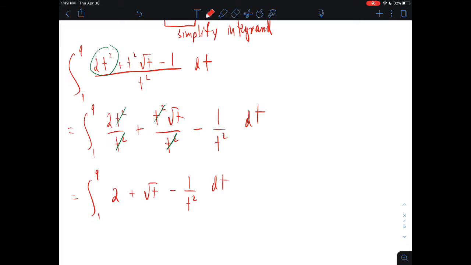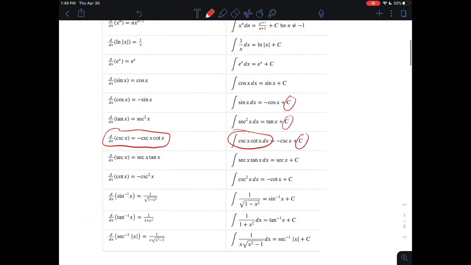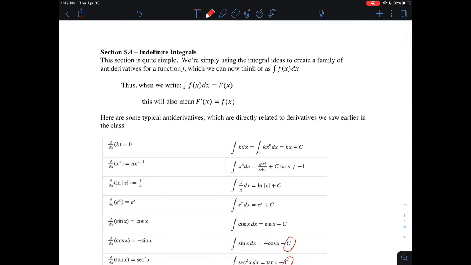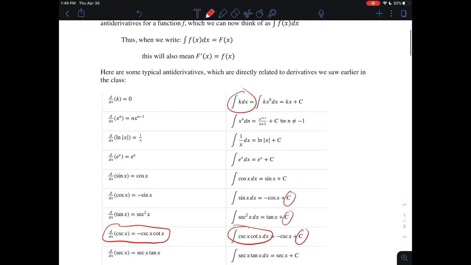So now let's go back to our list. For the number 2, that relates to a constant. The integral of a constant is just going to be that constant times the independent variable. So in our example, it will be t. When you start looking at some of the other ones, you might notice that you don't see anything with a radical or where you've got 1 over t squared, but you should notice that you do have things involving powers.